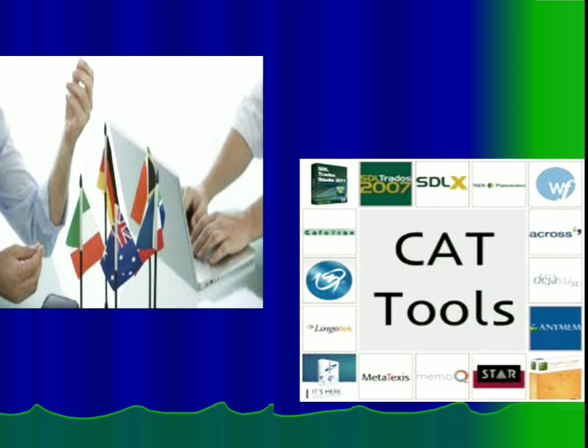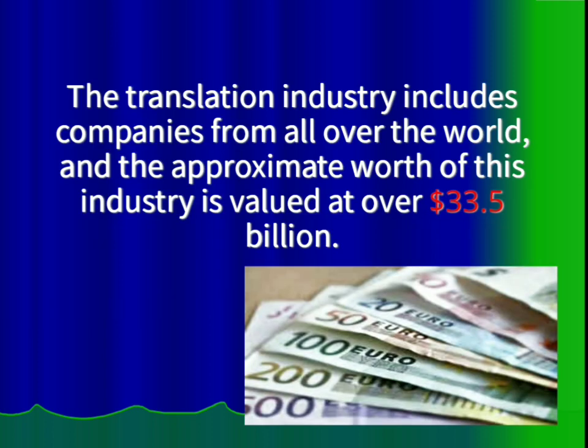CAT means computer-assisted tools. Easily they can translate one thing in 2 or 3 minutes, while in history they translated in a day, or 10 days, or 40 days. Today, one translator can translate a 100-page book in 1 or 2 days.